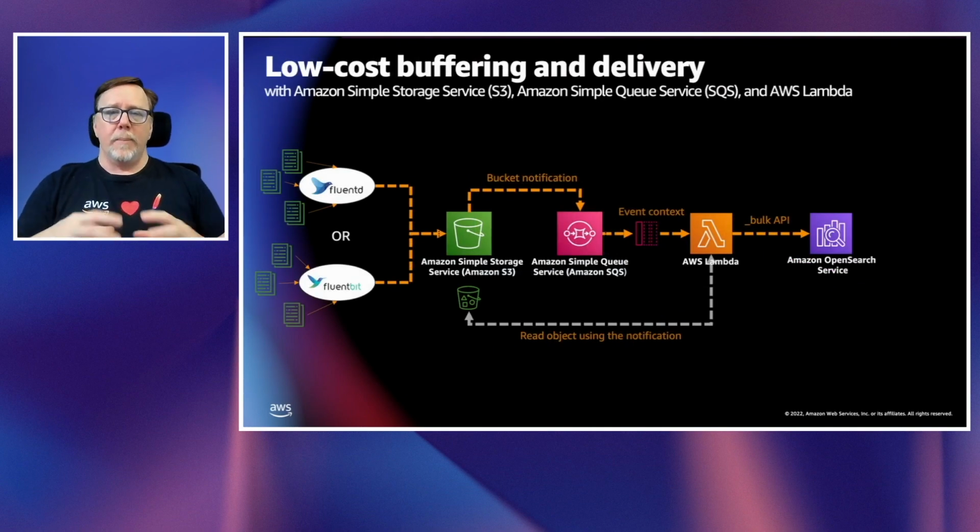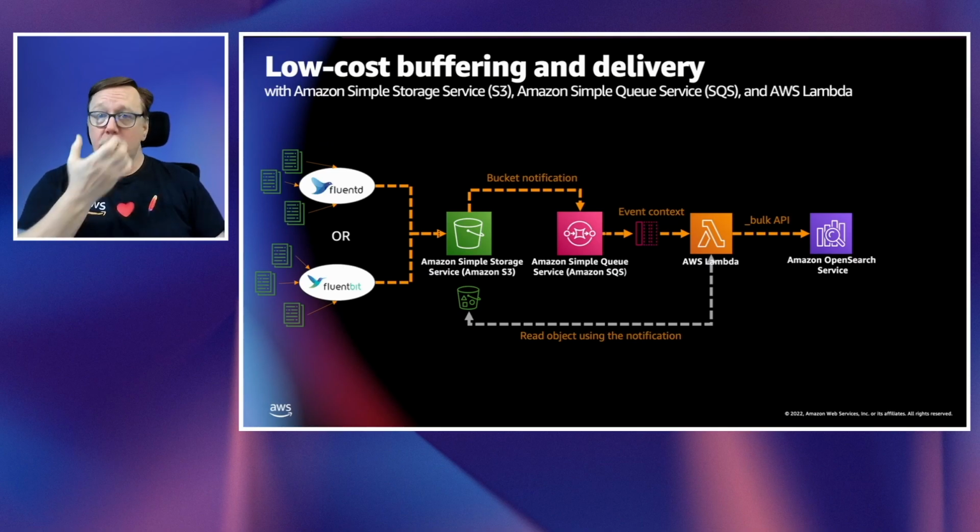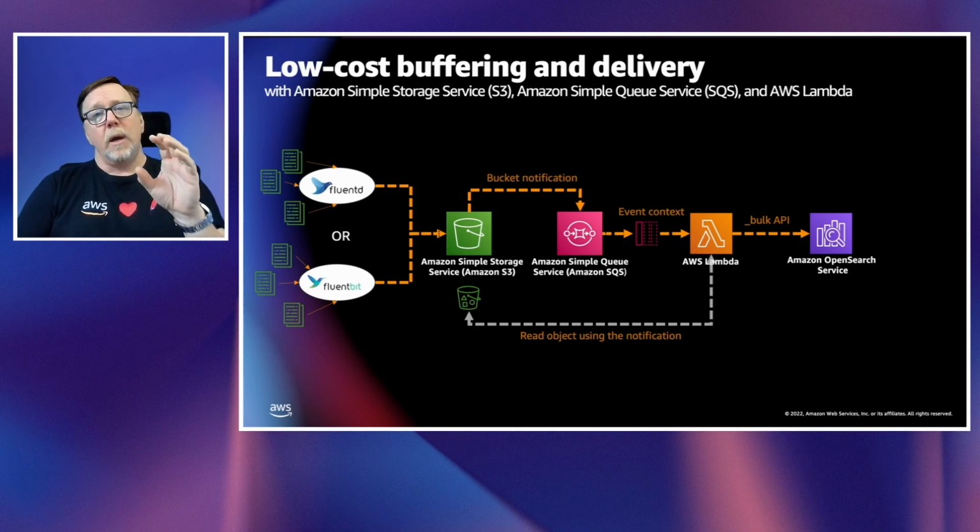In the prior diagram, I had a box that said buffering and delivery. I wanted to share one of our more cost-efficient and good architectures in terms of bringing that data across. If you have either FluentD or FluentBit, we generally would look at S3 as a staging area where you're sending all of your metrics, traces, and logs.